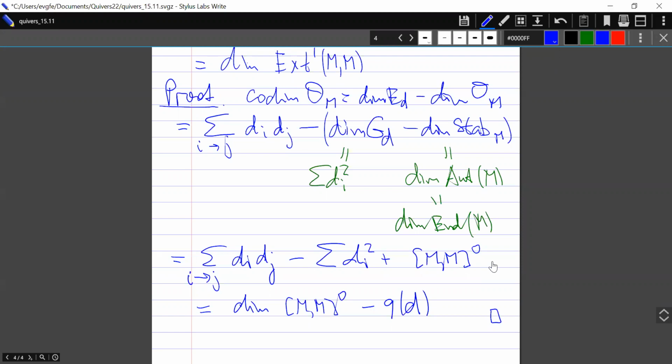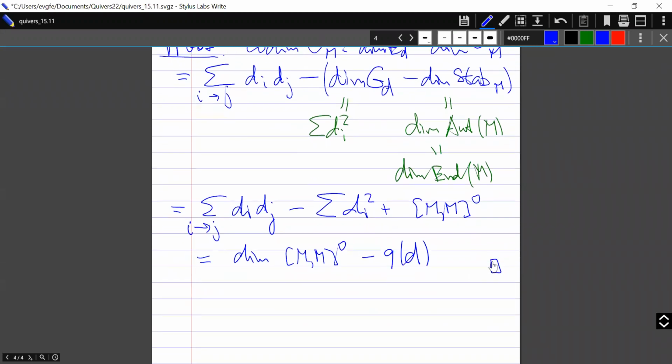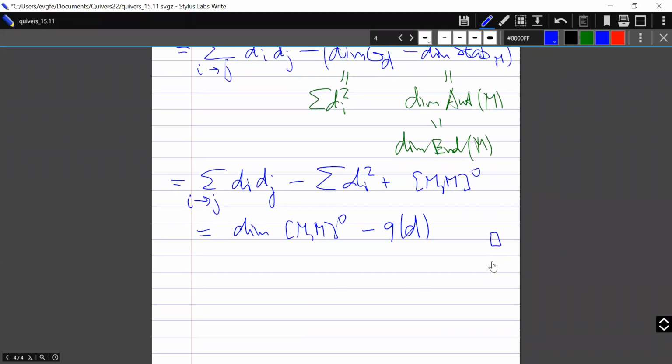Maybe I don't understand, but there's a concrete homeomorphism between some open neighborhood of identity in automorphisms and some open neighborhood of zero in endomorphisms, given by exponential and logarithm.